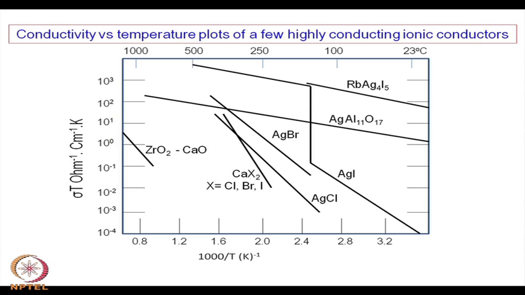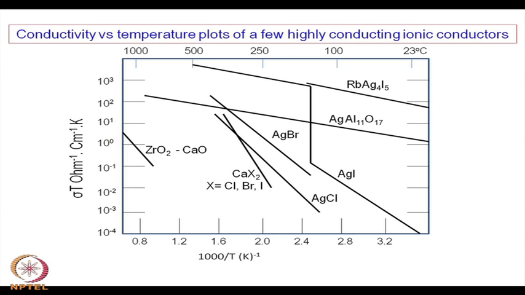Well, we are talking only about the cations like alkali metals or the oxygen ion conductors, but there are ionic conductors in which even the hydrogen ion can conduct.